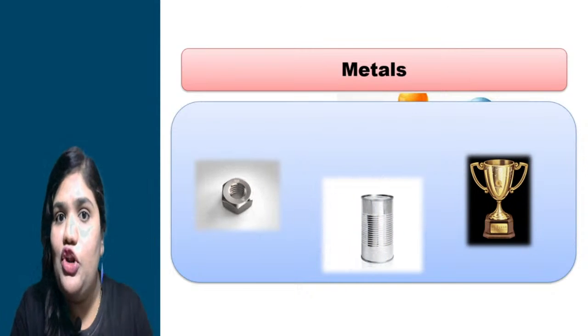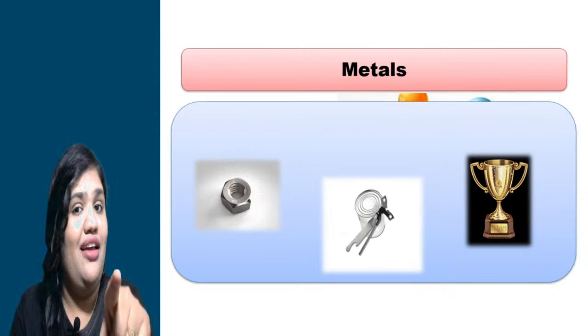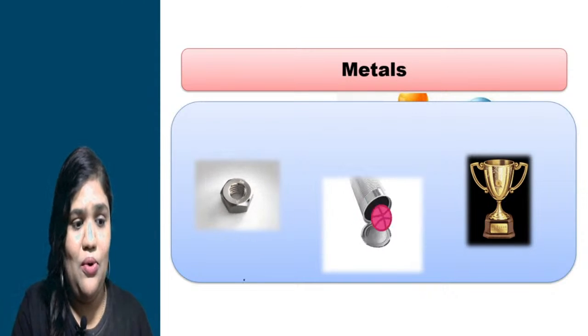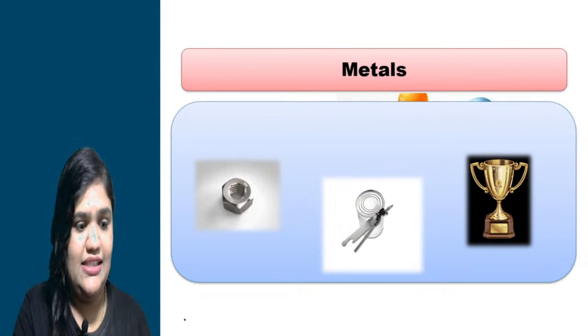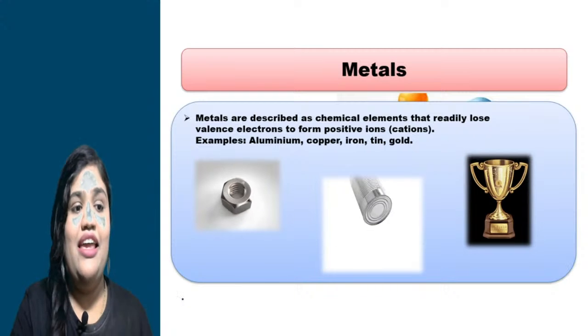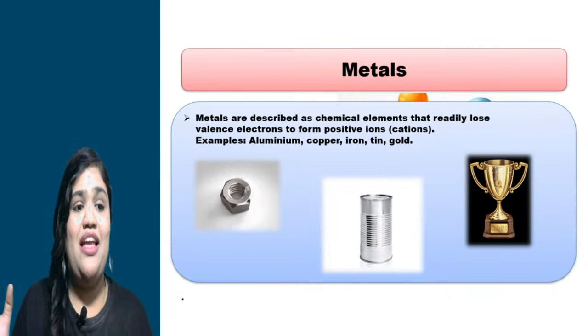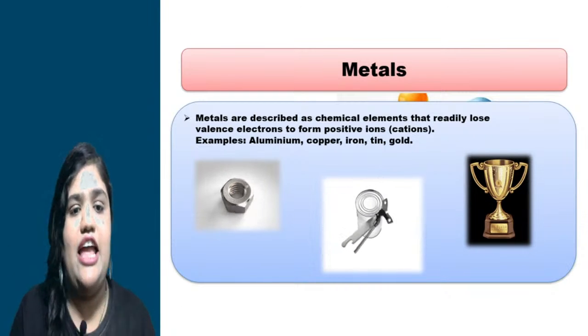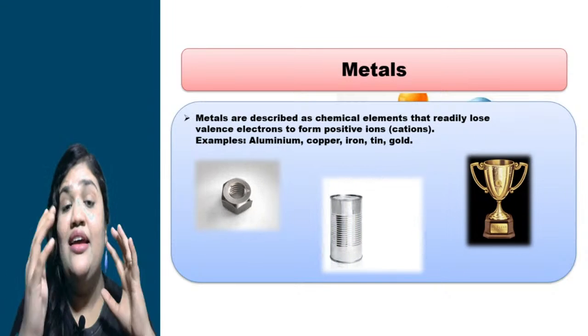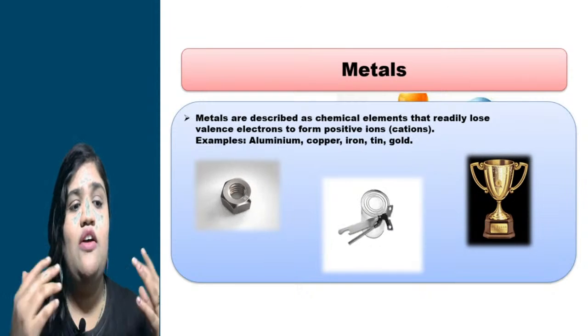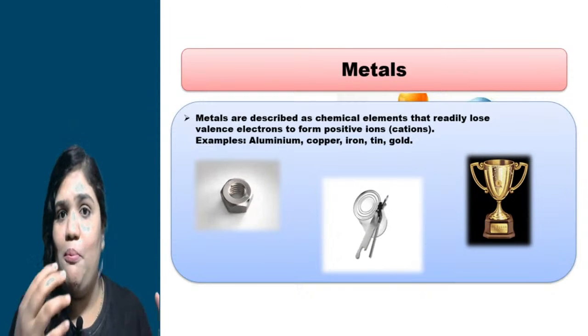So I have told you the basic information regarding metals. Here you can see on your screen, metals are described as chemical elements, as I have already told you, that readily lose valence electrons to form positive ions.